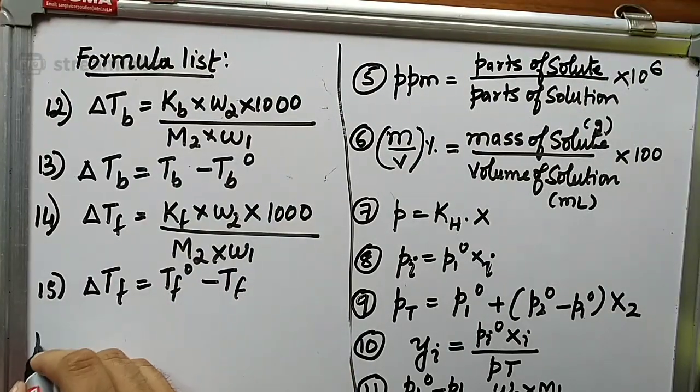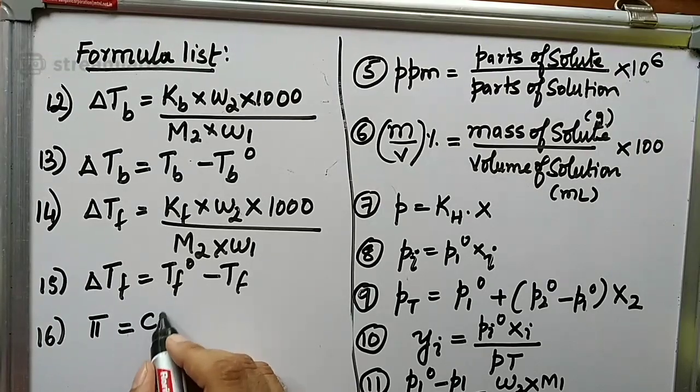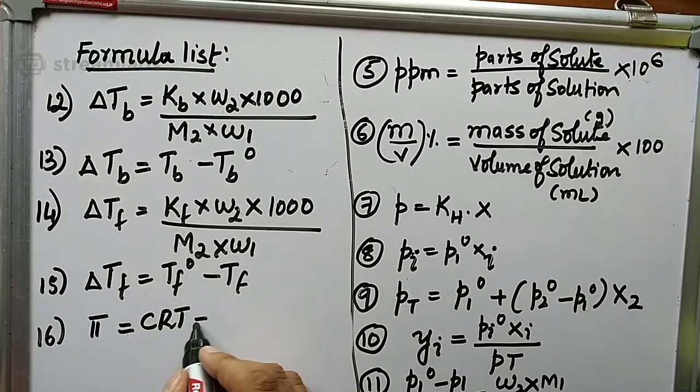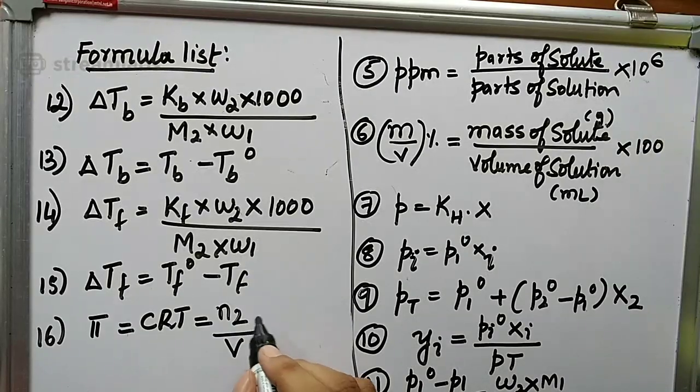Question number 16 that you need to study is that pi is equal to CRT, and that should be equal to N2 by V into RT.